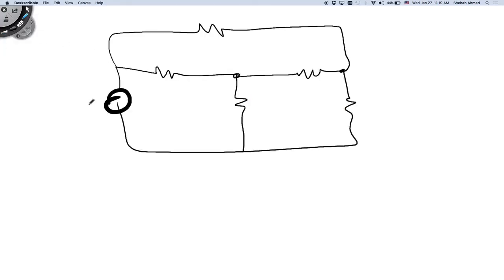What do I do? This is the source, this is R1, R4, R3, R2, R5, whatever it is. So, how would you go about this? I want to find the current through this branch.